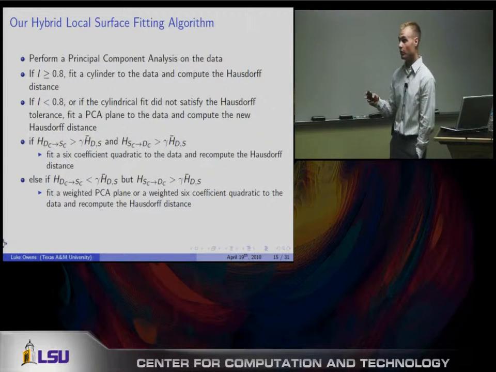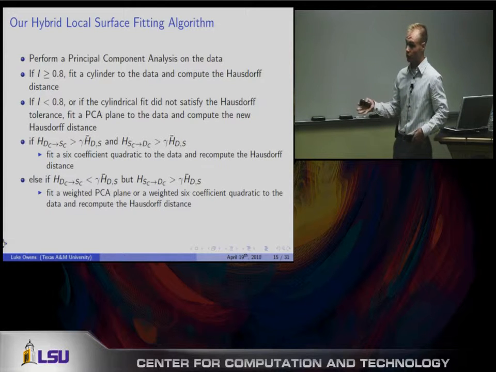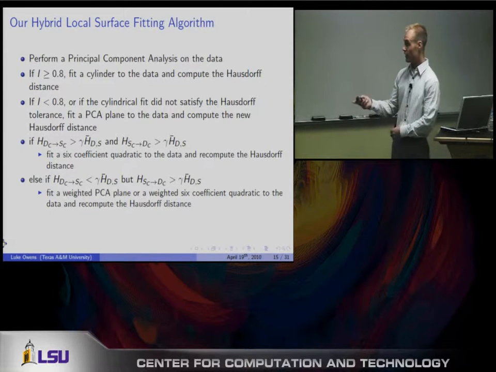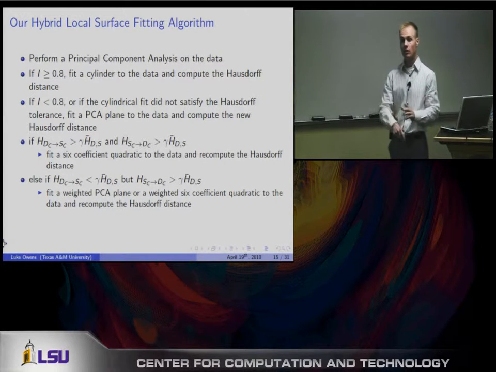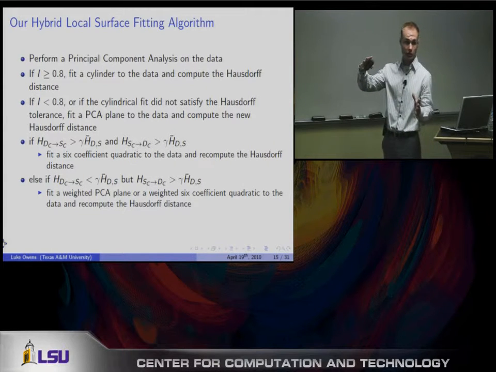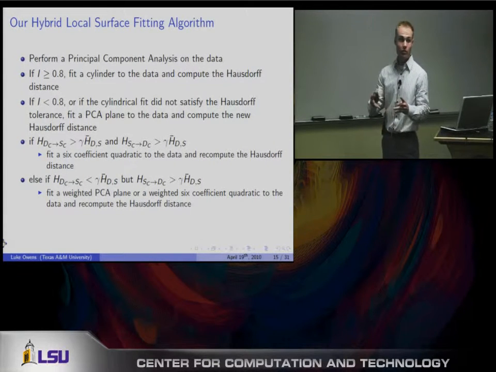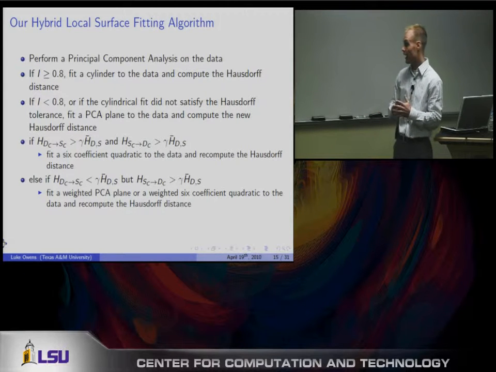So this is where we've minimized the one-sided, but we really need to take into account the two-sided. If this happens, then we fit a weighted PCA plane, which is that different minimization problem I showed you, where you penalize the surface area outside of the bounding box, or you can fit a weighted 6 coefficient quadratic, and of course recompute Hausdorff.